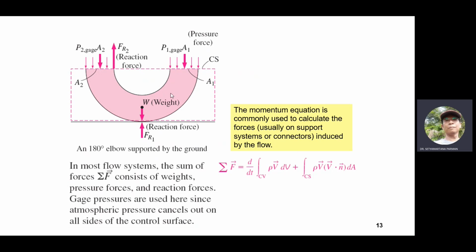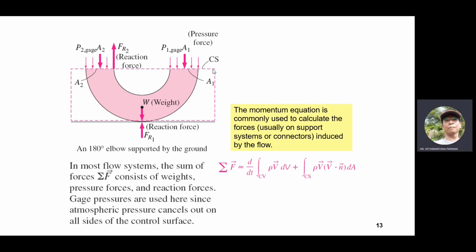Okay, then suppose we observe the system. The system is a 180 degrees elbow supported by the ground. So we can draw the control surface in this shape.